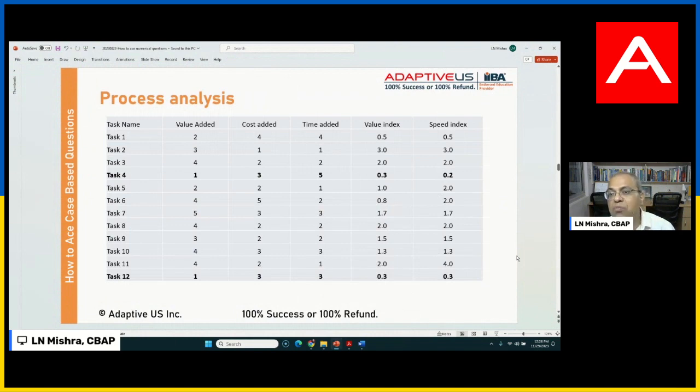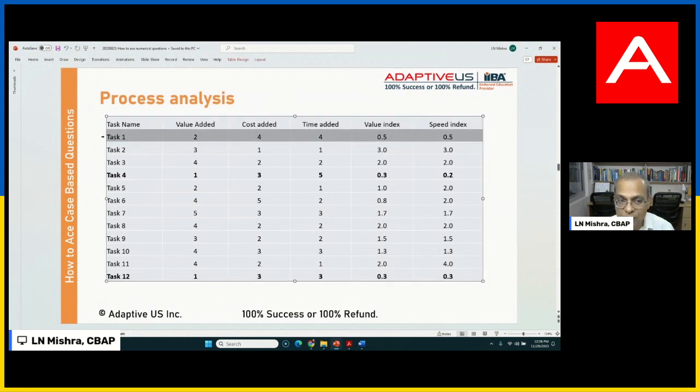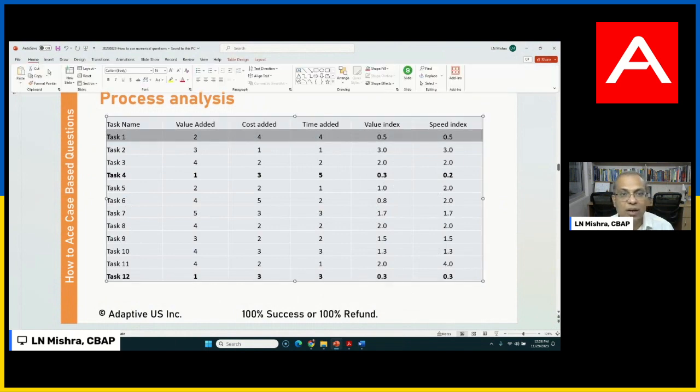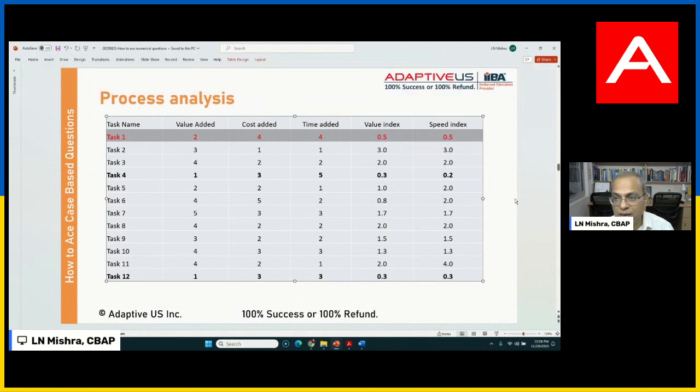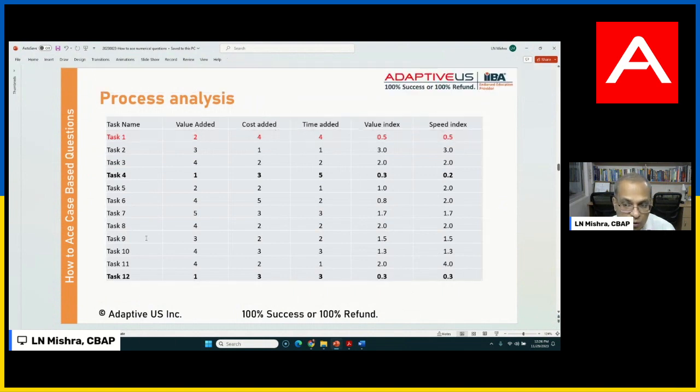Otherwise, if you're trying to improve value, then you can see tasks which have a lower value index. Say, task 1 seems to have a lower value index. Similarly, task 6 seems to have a lower value index. So this one I would work on if I'm trying to improve the value of the process.